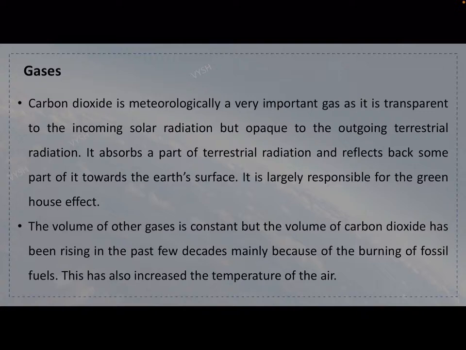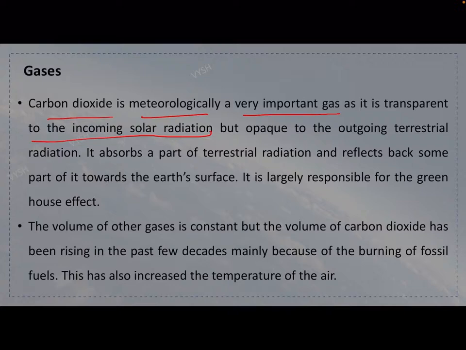We will see the gases. What kind of gases are present in the atmosphere? Carbon dioxide is meteorologically a very important gas, as it is transparent to incoming solar radiation. I guess you might have already studied what gases are present and in what proportion, like nitrogen, oxygen, and that nitrogen has the highest proportion.